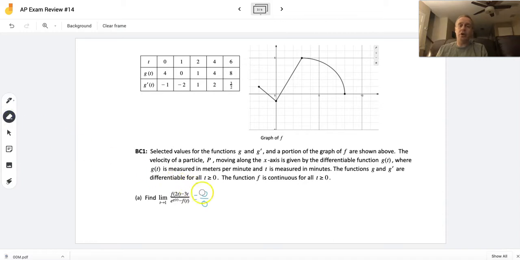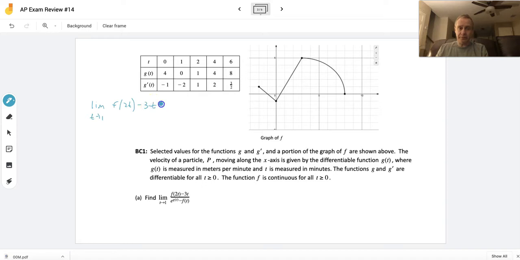So how can you go about evaluating things? I think the best way to evaluate a limit on your exam, especially if it's a fraction, is to evaluate off to the side the limit of your numerator and the limit of your denominator separately, and then go from there. So that's what I'm going to do.